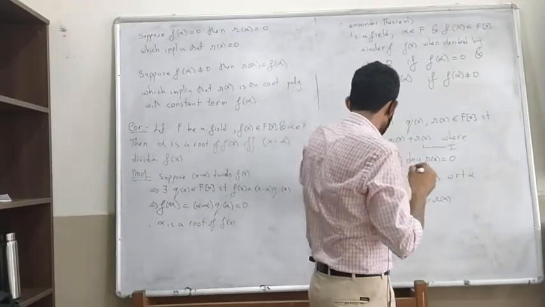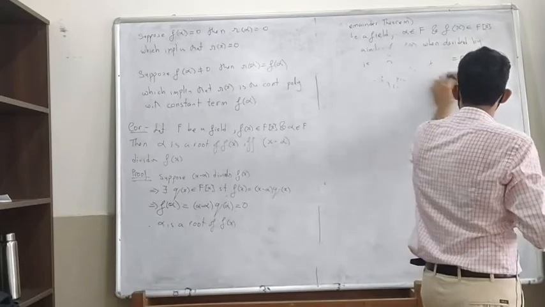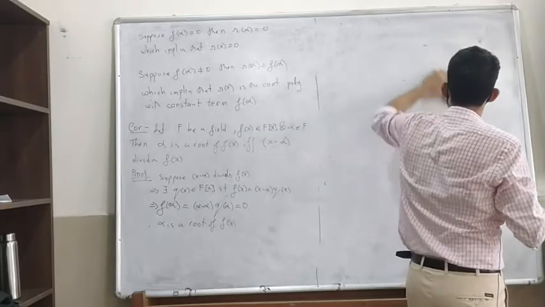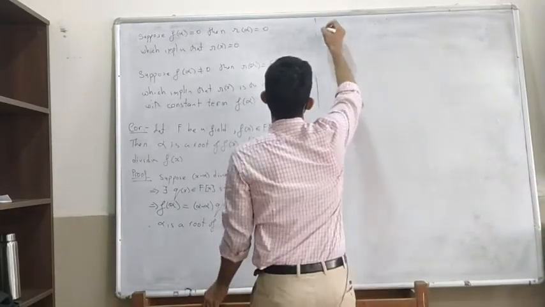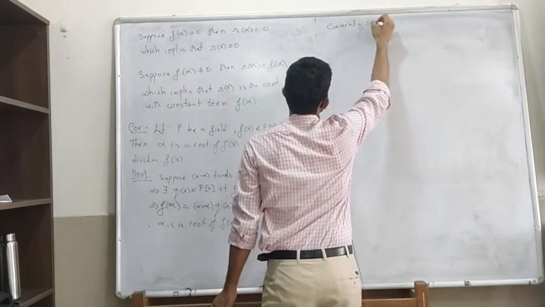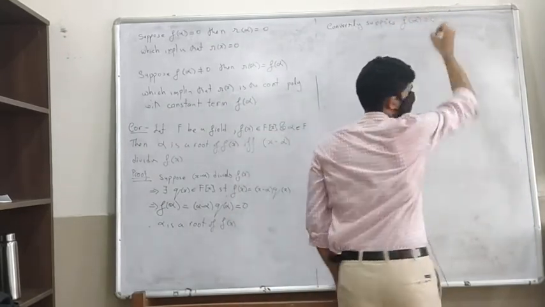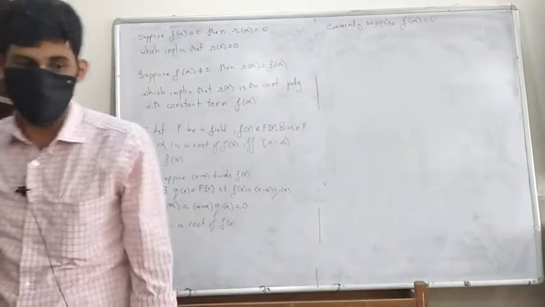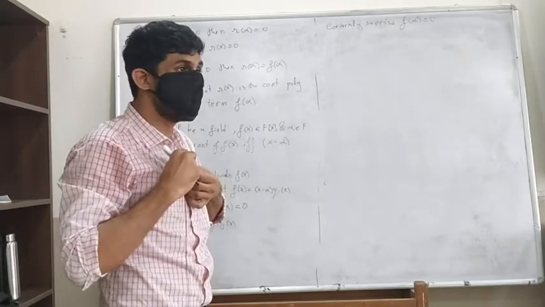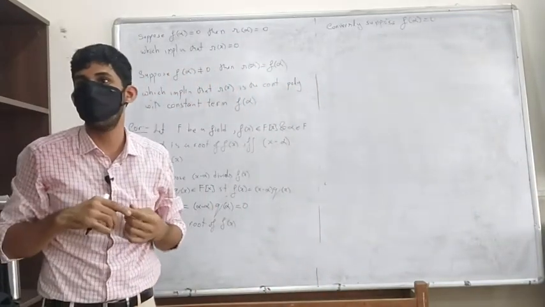What about the other side? What if alpha is a root of f of x? Conversely, suppose alpha is a root of f of x, which means that f of alpha is 0. Now by the remainder theorem, what do we know? What should be the remainder of f of x when divided by x minus alpha? 0.